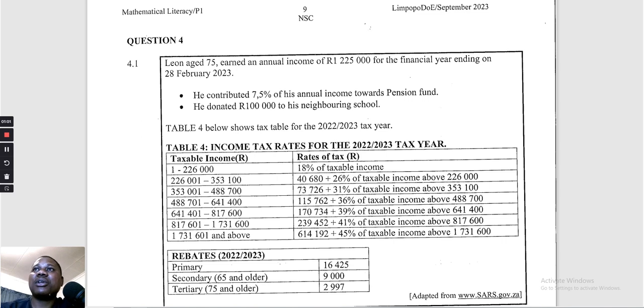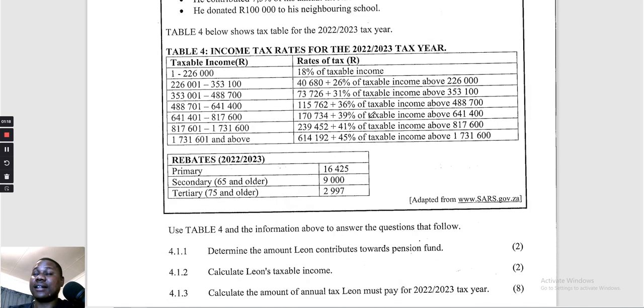He contributes 7.5% of his annual income toward pension fund. He donated 100,000 to his neighboring school. Therefore, we have the taxable income. We have that table. We have the rebates as well. So that's what we need, and we'll see what our questions want us to calculate.